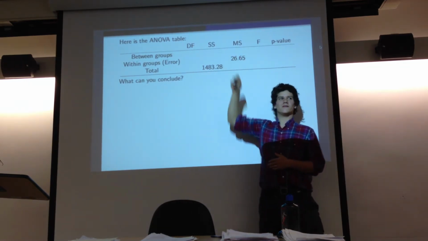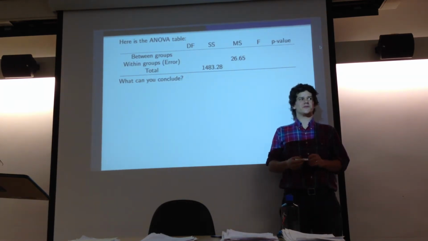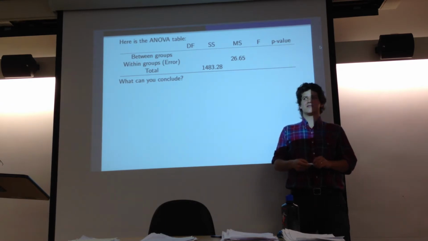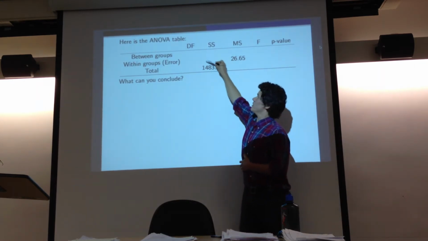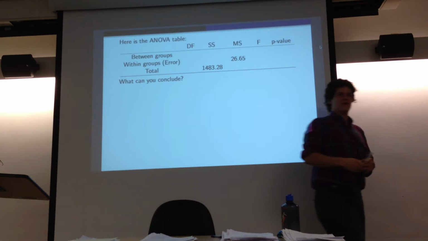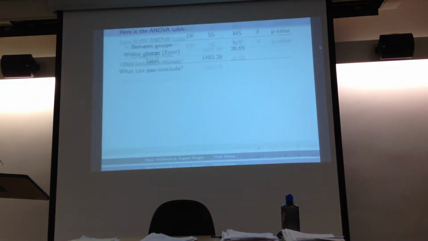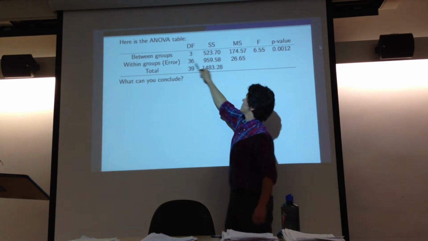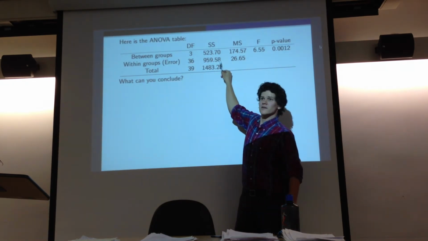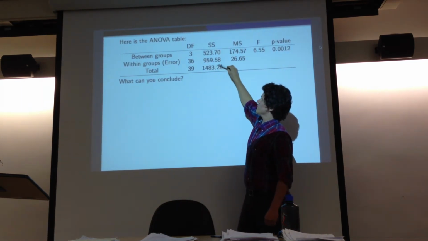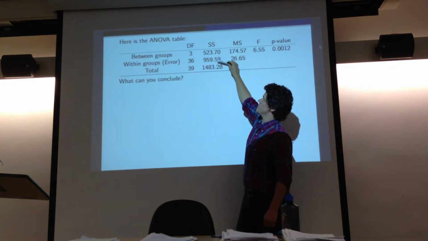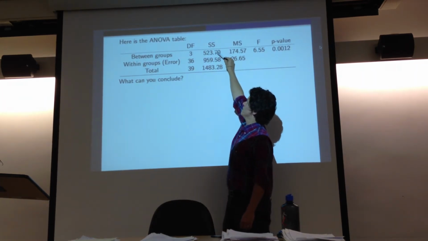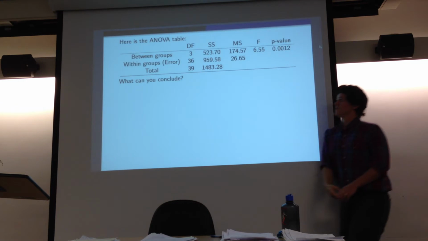And then how would we get the between groups? Subtract, right? So we subtract the number that we get here from the total. So our first step was 36 times this would give us this value. Then this value that we're given minus what we just computed will give us the sum of squares for the between groups.